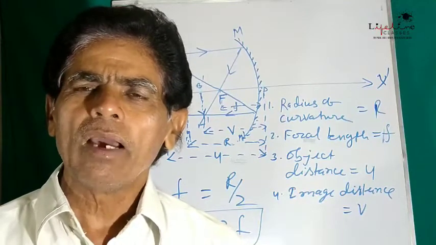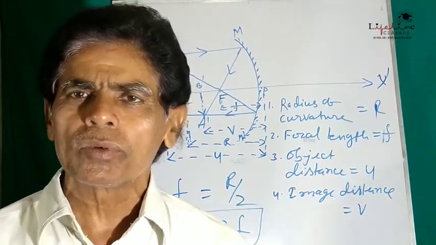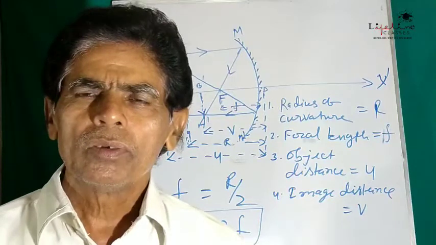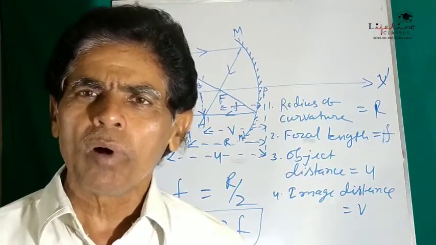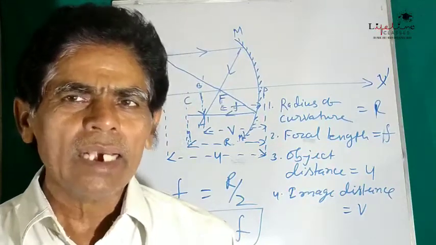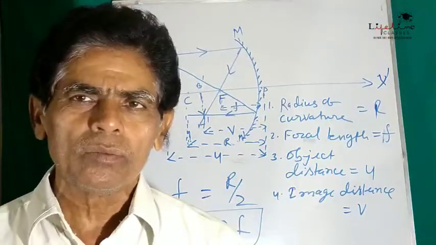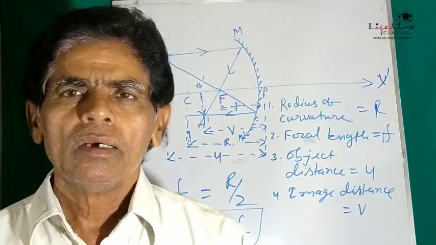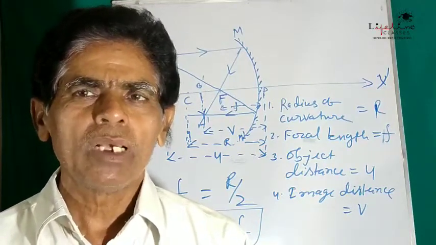Here the object may also be considered as the light source, because the image of the object is formed due to the reflected light coming from the object on the surface of the mirror.